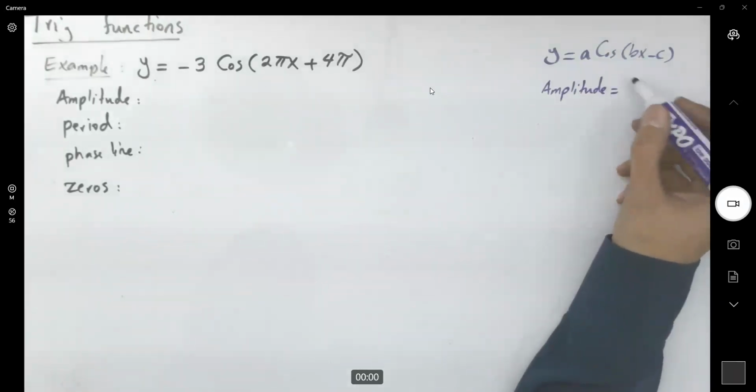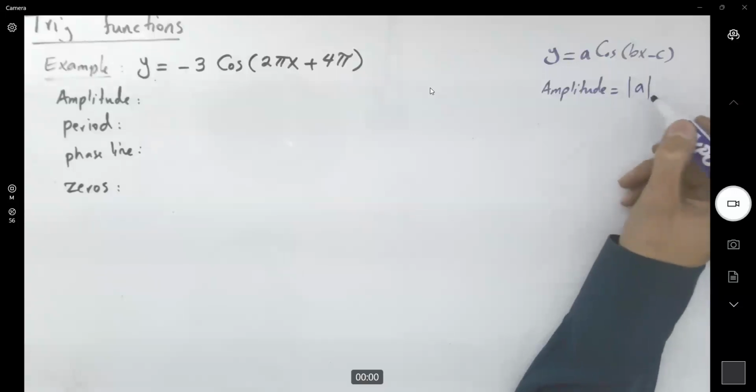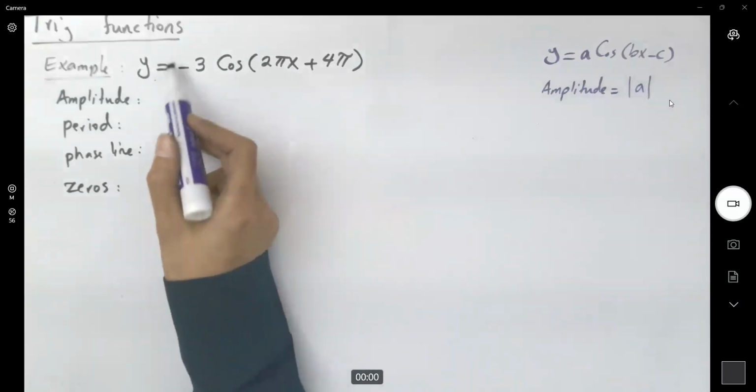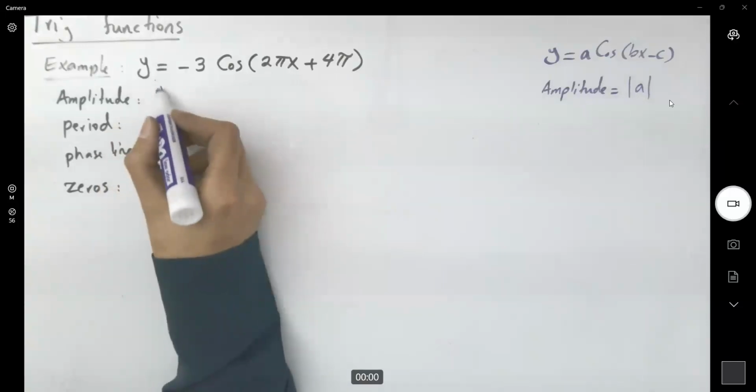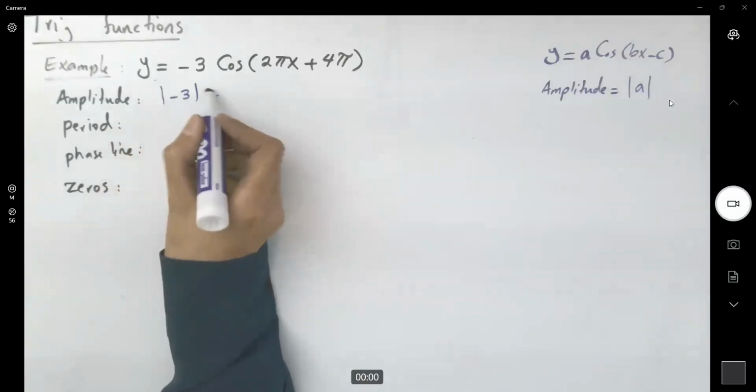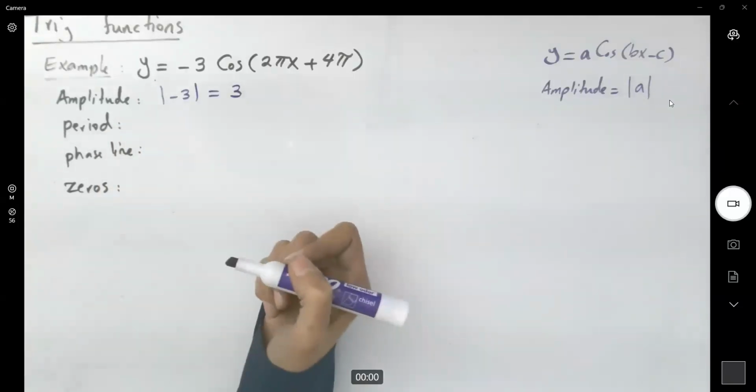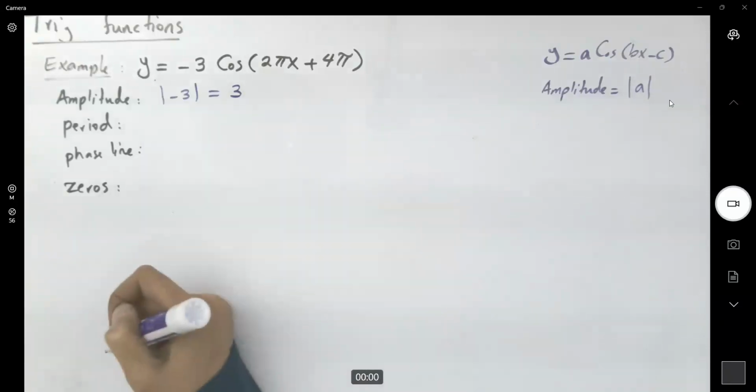It must be a positive number because it's the halfway distance between the maximum value and minimum value. So here you have a -3 in front of your cosine. The amplitude becomes the absolute value of -3, which is +3. So this is my amplitude.